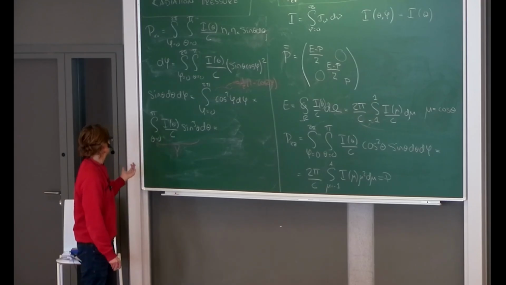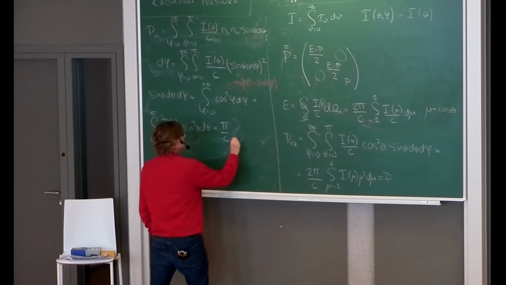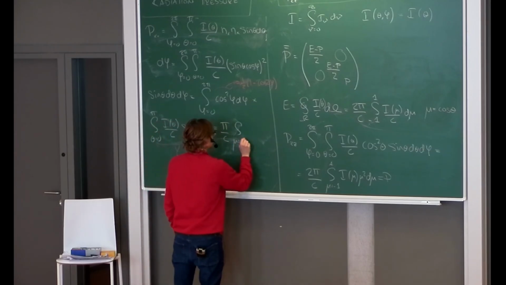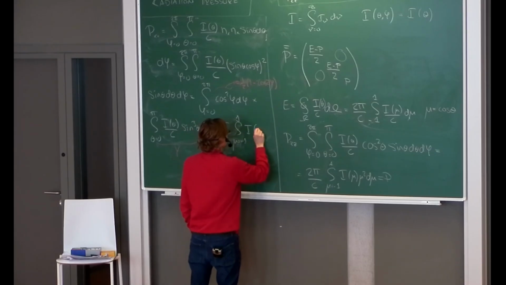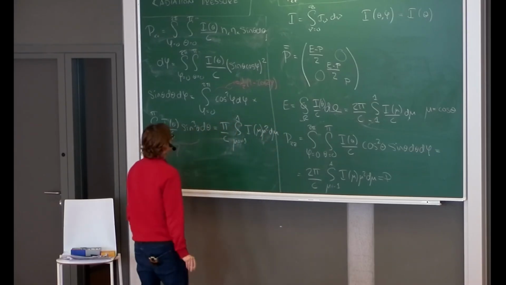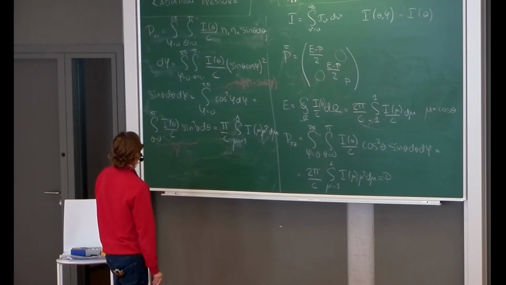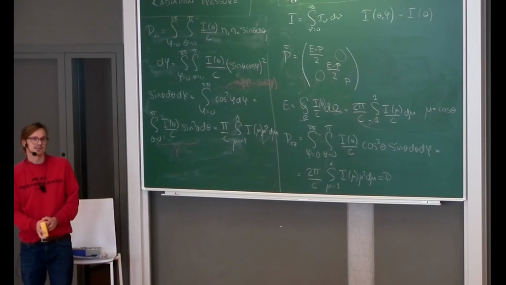And now we do our variable substitution, so we have pi divided by c, integral from mu minus 1 to 1 of I of mu, mu squared d mu. And now you should immediately realize, didn't you do an algebraic error there?